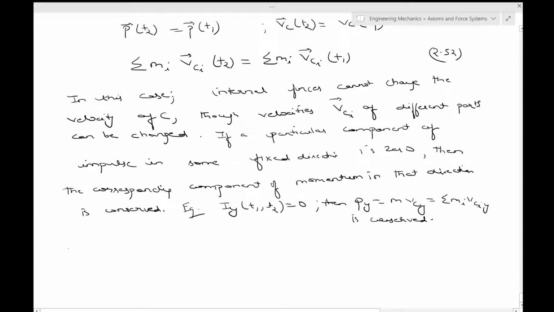So we have angular impulse moment of momentum relations.